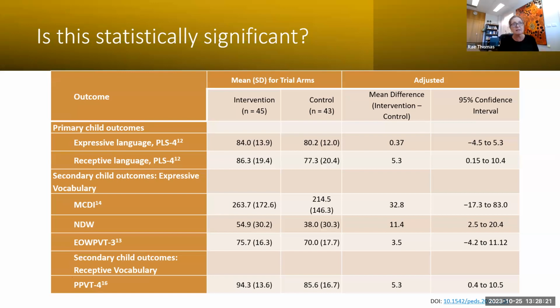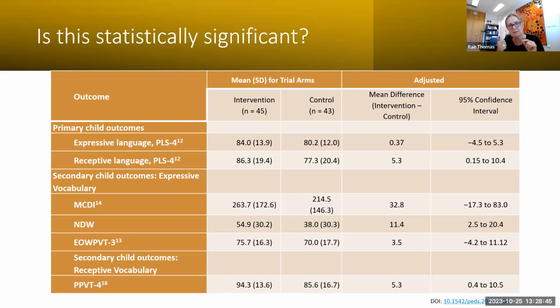Difference means subtraction. We're going to take one group and subtract it from another, and that's the mean difference. So again, no p-value. We've got confidence intervals in the very last column. We are 95% sure that if we did this test a gazillion times, the true mean difference would lie between those numbers.